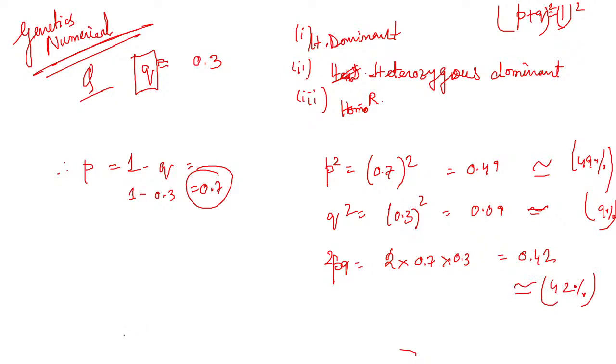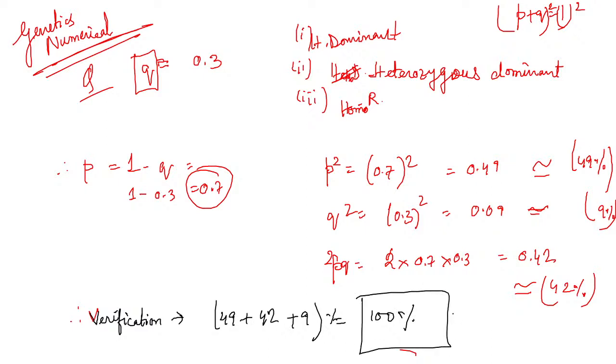Now we'll do a verification of whether what we have done is correct or not. To verify, we see 49 plus 42 plus 9% equals 100%. So the gene frequency is 1.